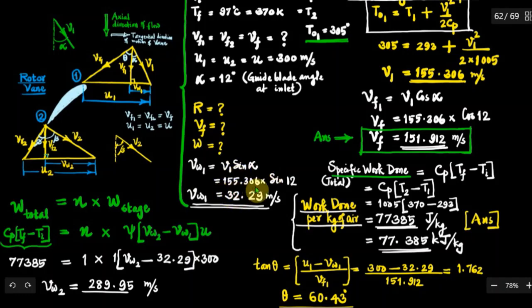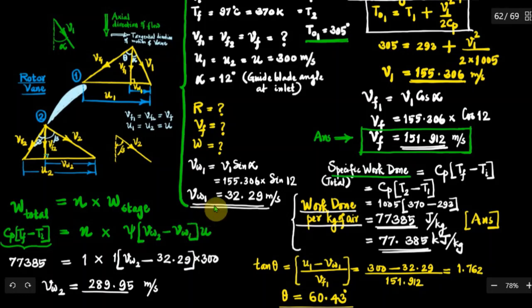So that is 155.306 into sine 12 degrees. So you will get VW1 is equal to 32.29 meter per second. So the whirl component of velocity at inlet is equal to 32.29 meter per second. It is a component of the absolute velocity of air at inlet in the direction of U.